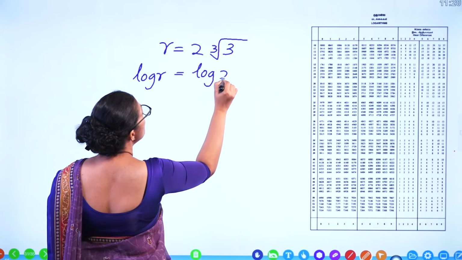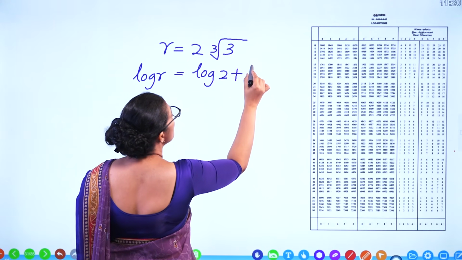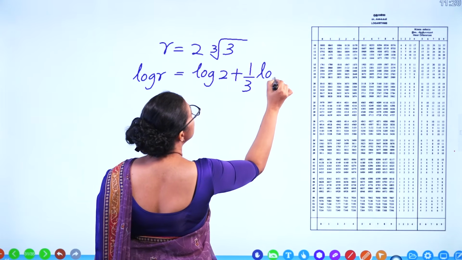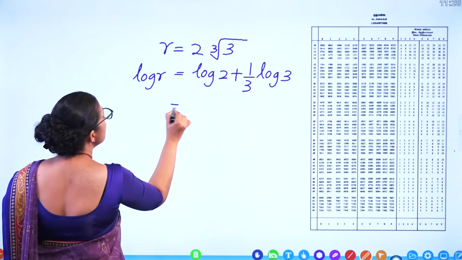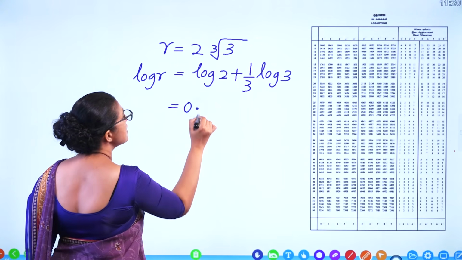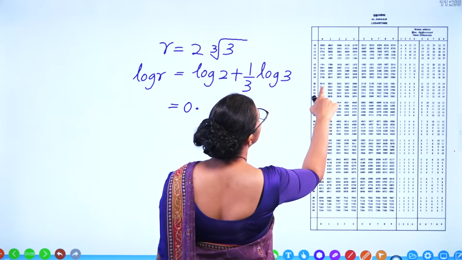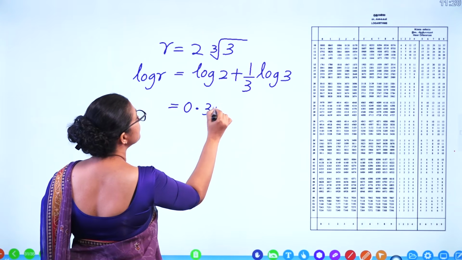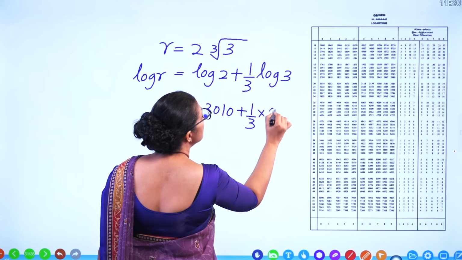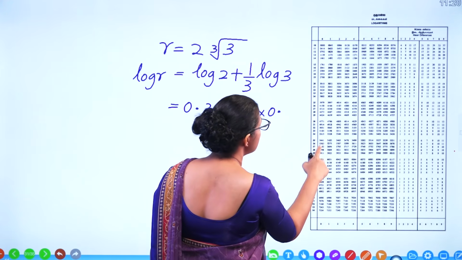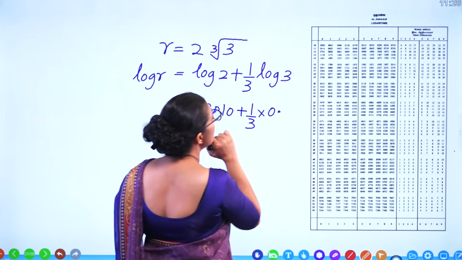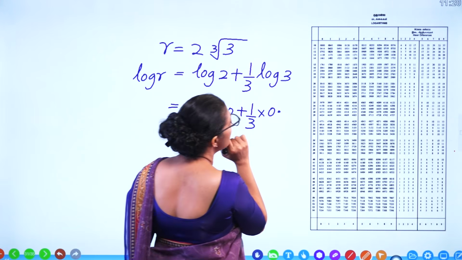Log 2 plus 1/3 of log 3. Refer to the logarithmic tables. Log 2, that's 0.3010. 1/3 of log 3, that's 0.4771.